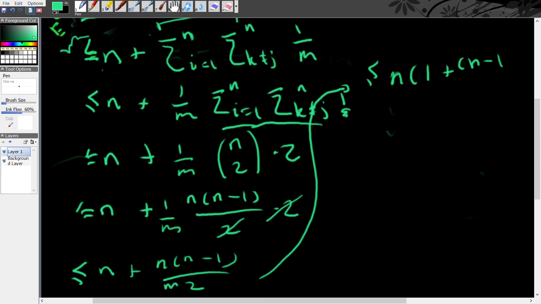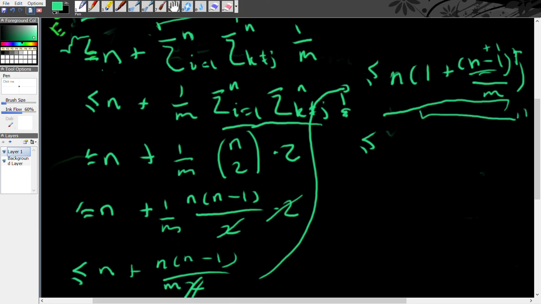No 2 anymore, so n times (n minus 1) over m. Since I'm less than this, if I increase this, if I add 1 here, this term increases, so this thing increases. If I'm already less than this, I'm less than something larger than it.